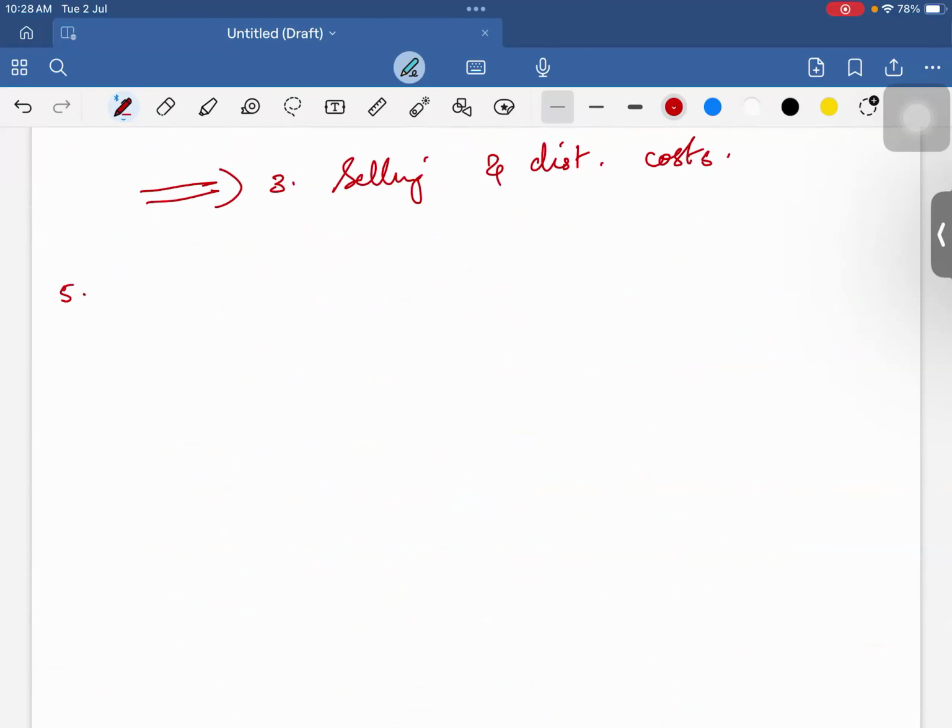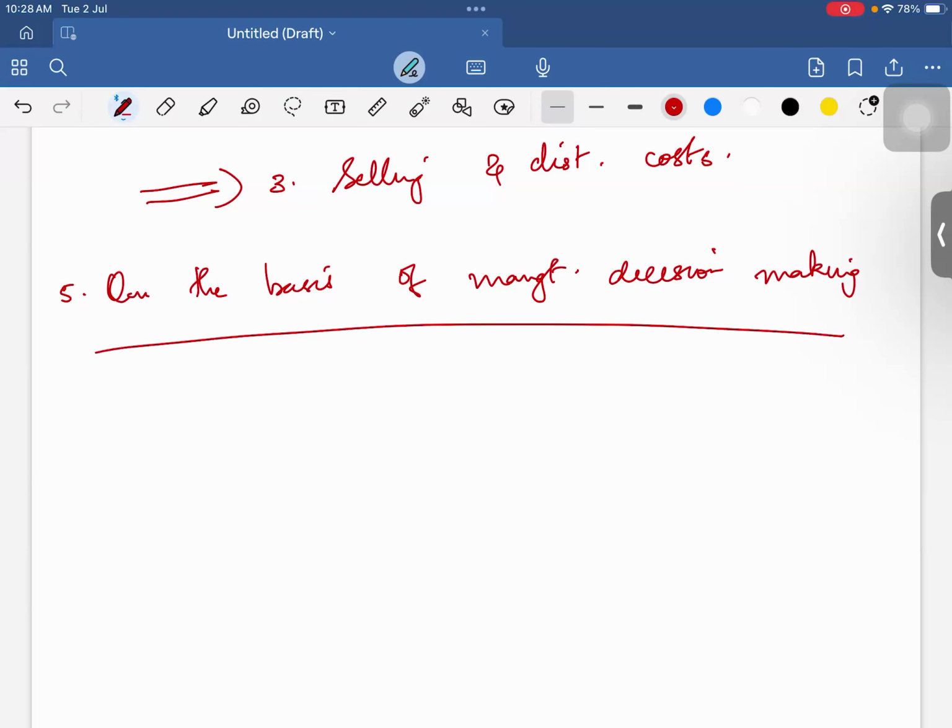Now the fifth one and the last one, on the basis of management decision. On this basis, you're going to have so many subtopics of cost. First one is sunk cost.